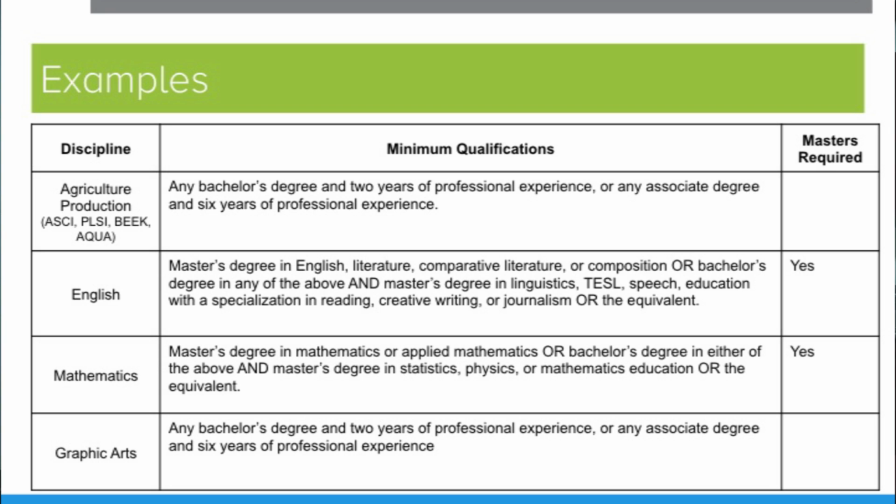That might be an example of something that would be an equivalent experience to the educational minimum qualification. But again, those decisions are made on a community college site-by-site, case-by-case basis. Faculty are involved in that, and that's definitely the purview of the faculty in the discipline to ascertain whether or not that experience or that equivalency is appropriate.